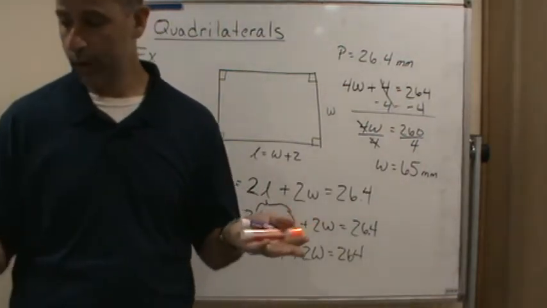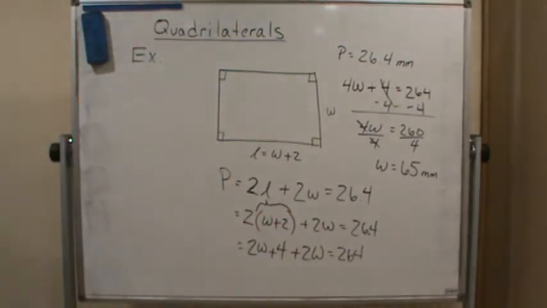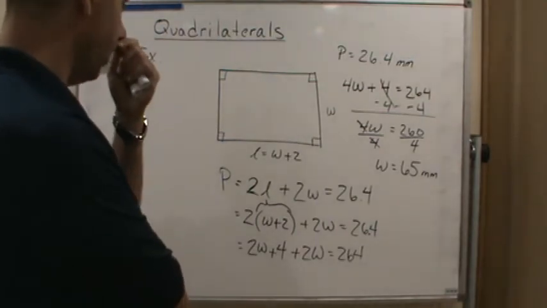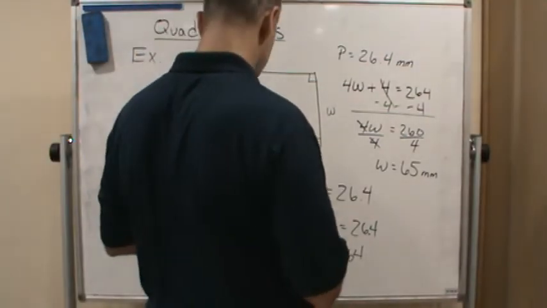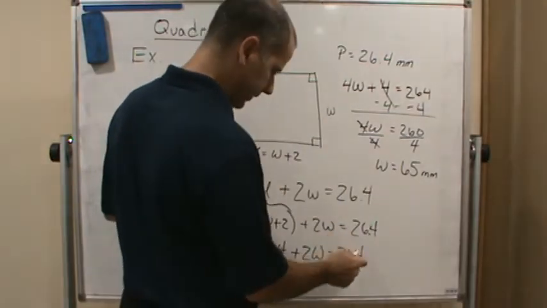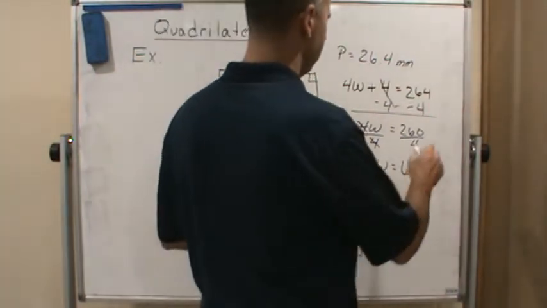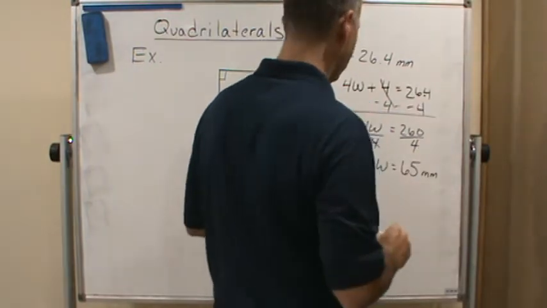Now I found one of the dimensions, the width. Now I just have to find... oh, hold on a second here. Oh, I know what I did. I dropped the decimal point. 26.4.